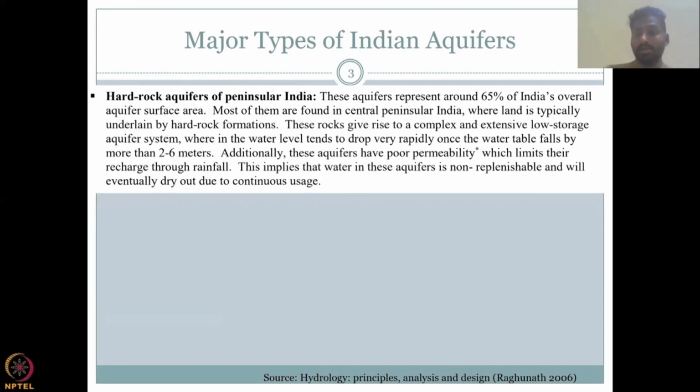So this implies that the water in these aquifers is non-replenishable or not quickly replenishable, and will eventually dry out when you use it continuously. Given that it is present in 65% of India, it is scary to say that this is the water that is being depleted constantly and is not being recharged.